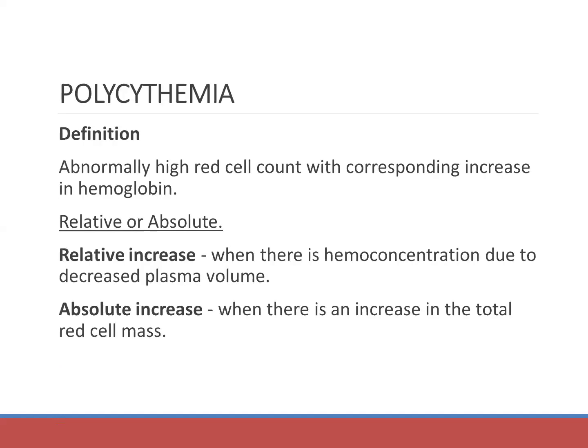Now coming to polycythemia. Polycythemia means abnormally high red cell count with a corresponding increase in the hemoglobin. Polycythemia may be relative or it may be absolute. Relative increase occurs when there is hemoconcentration due to decreased volume of the plasma. And absolute increase occurs when the total number of RBCs actually increases in the blood.